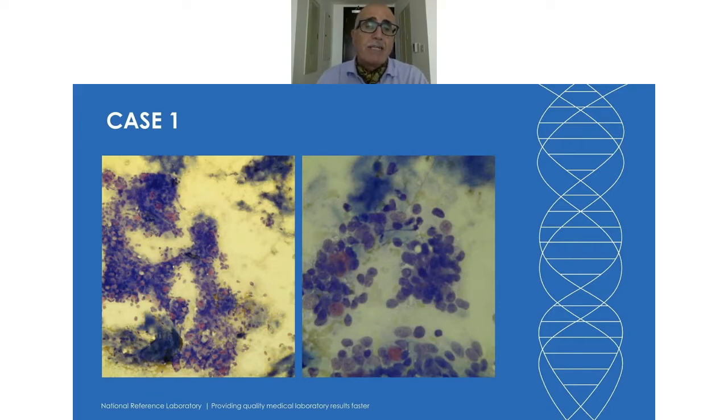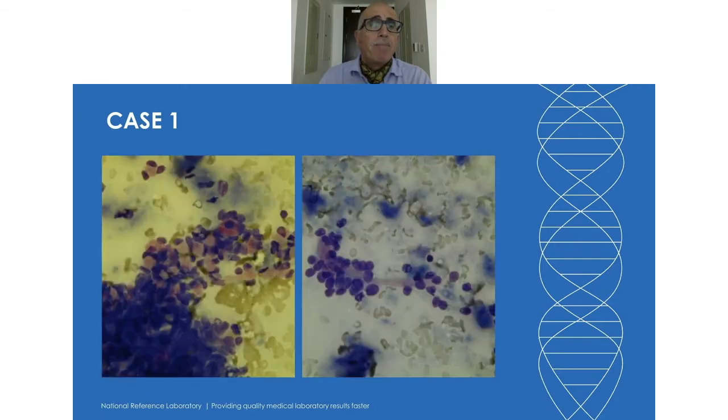well defined at low power. The high power showed that the cells were remarkably homogeneous and monomorphic, with relatively little cytoplasm, hardly visible, and arranged around or on top of this metachromatic material, which was very well defined.